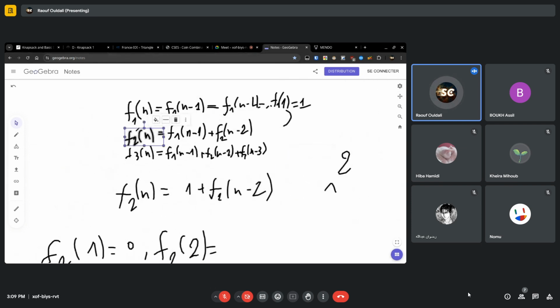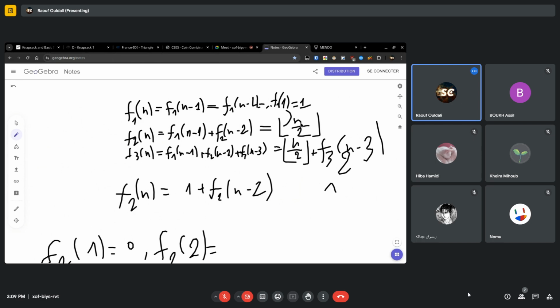So it follows that this is equal to n over 2 plus f3 of n minus 3. Okay.